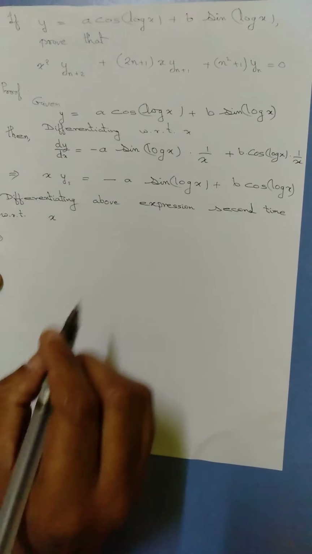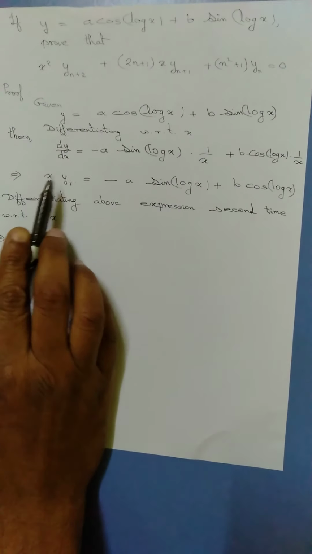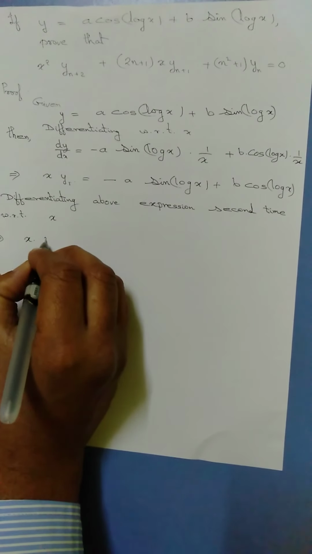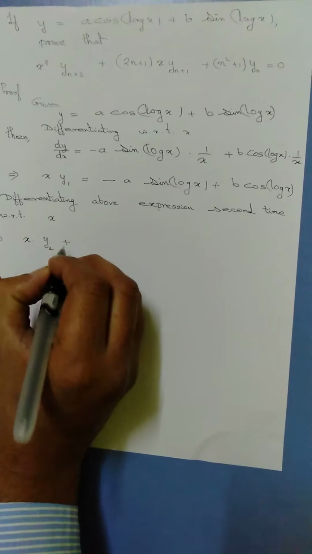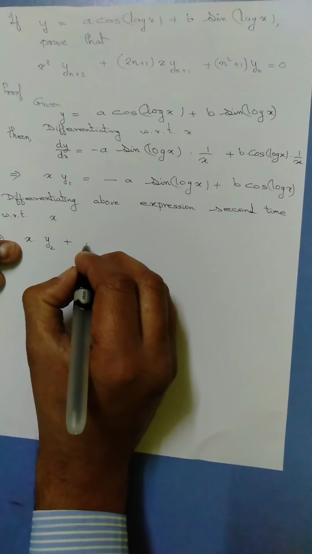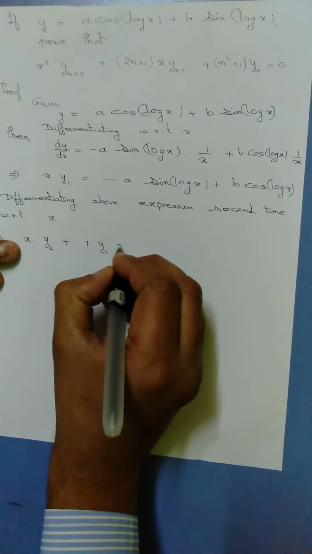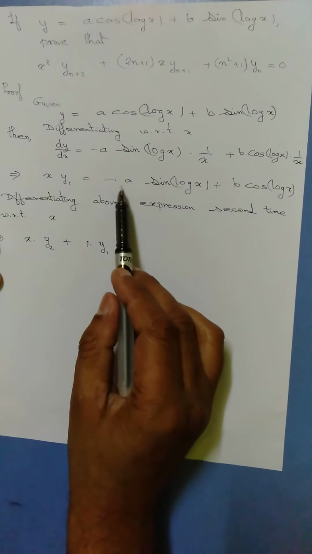Let's apply the product rule: first function into derivative of y1, that is y2, plus derivative of x, that is 1, into y1. What about the right hand side?